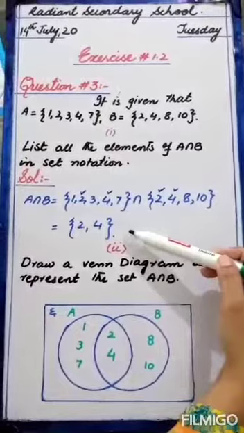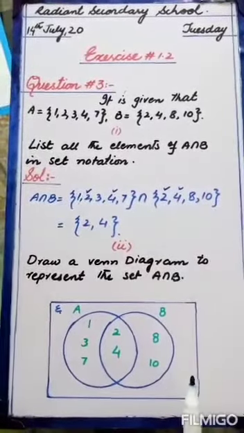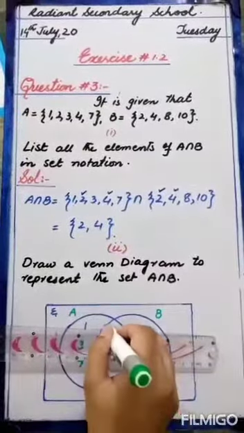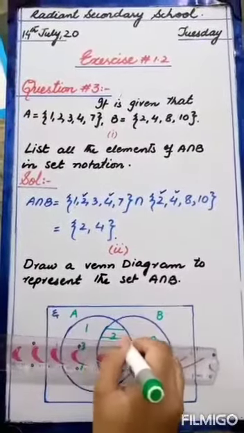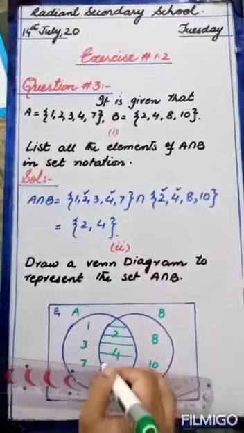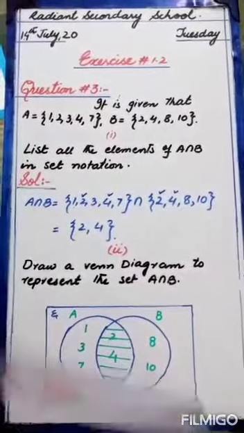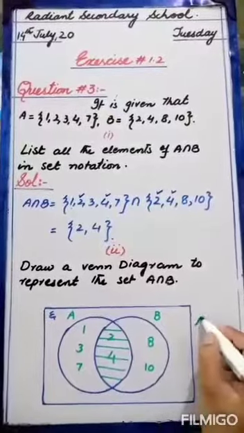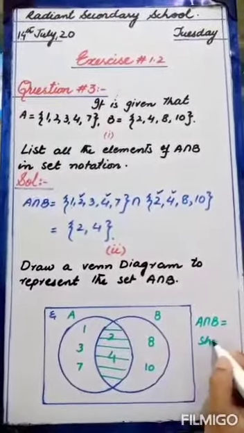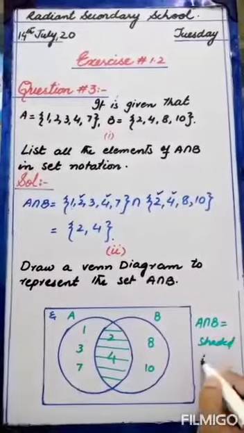It means our question is correct. So we have to shade this overlapping area. You can do the shading. Okay, now we have to write A intersection B is equal to the shaded area.